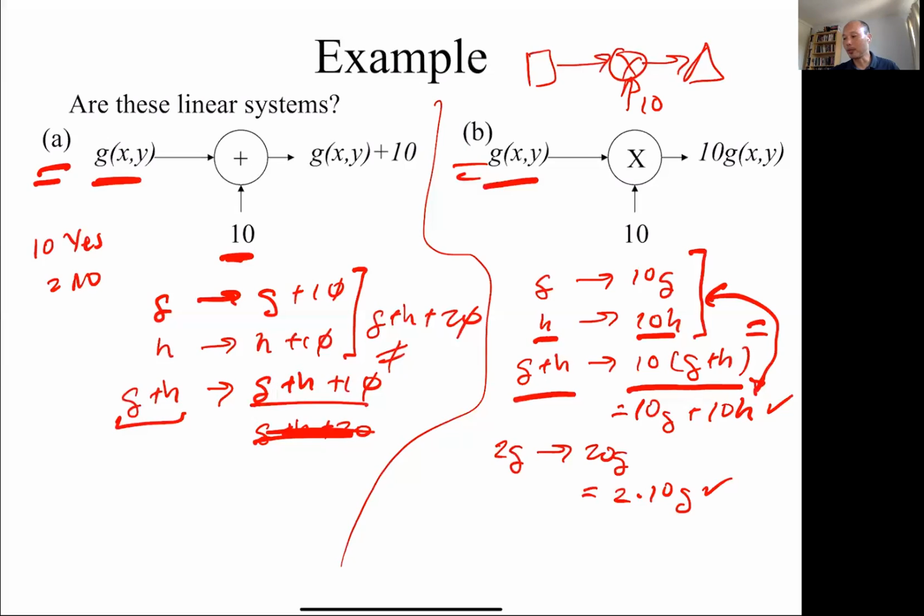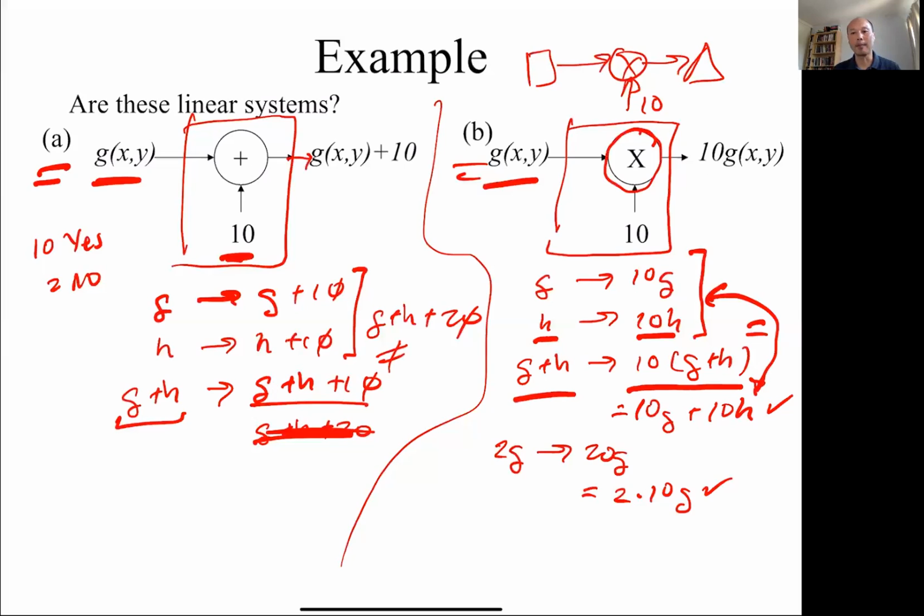So this means you're multiplying the two things together. So this is a multiplication operator, right? I see. Okay. I was confused about the 10. I thought it was an input. Okay, I see. No, this is part of the system. So you imagine drawing the system looks like that. I see. And also this system looks like that, right? So the system is sort of the thing. Yeah, good. Okay.